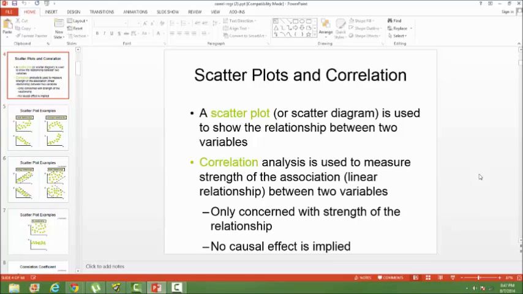Or x causes y and y causes x. These possibilities can be there, but there cannot be any guarantee just looking at correlations. So in short, correlation doesn't really guarantee causation.